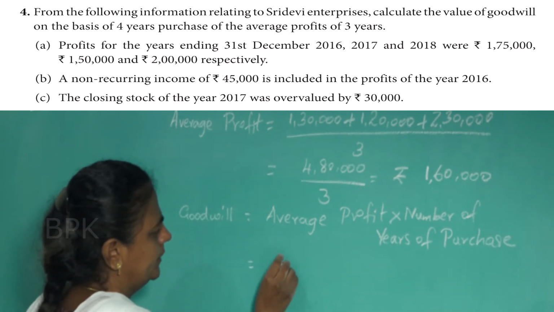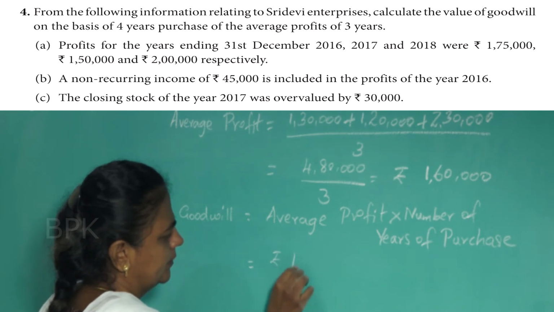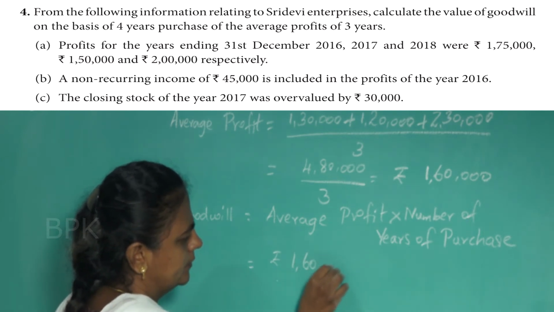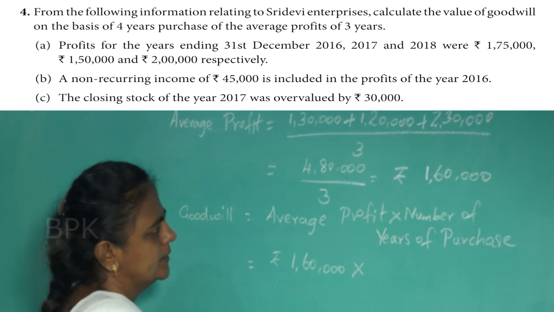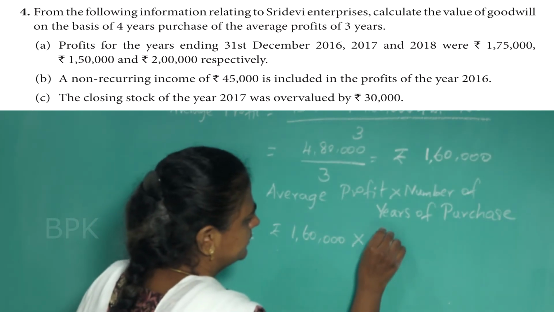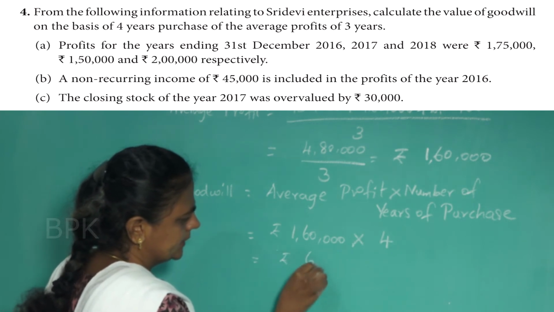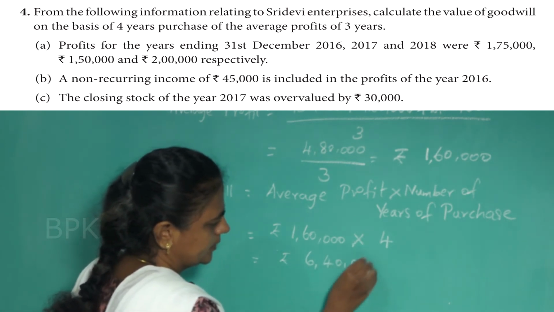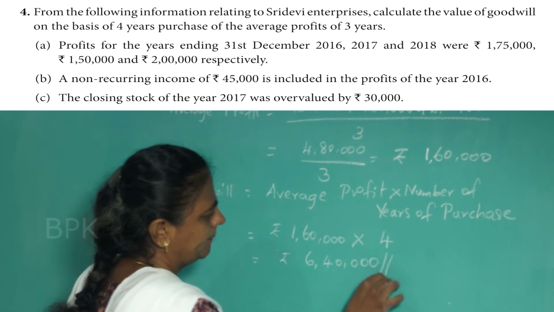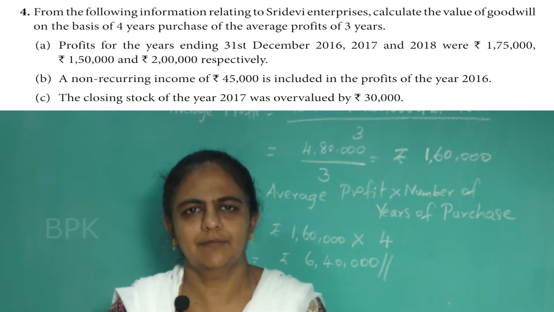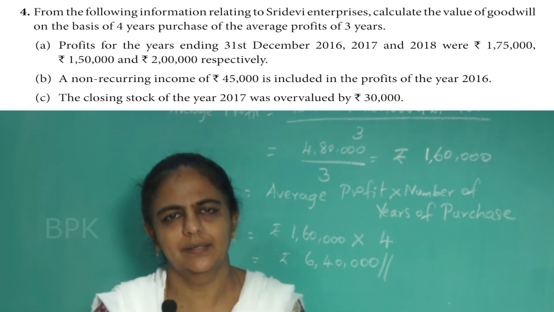Average profit is 1,60,000. How many years of purchase? 4. So it will give you 6,40,000 as your goodwill.